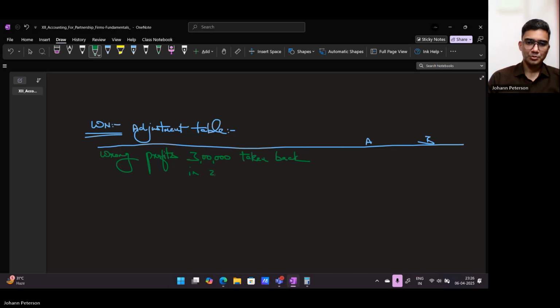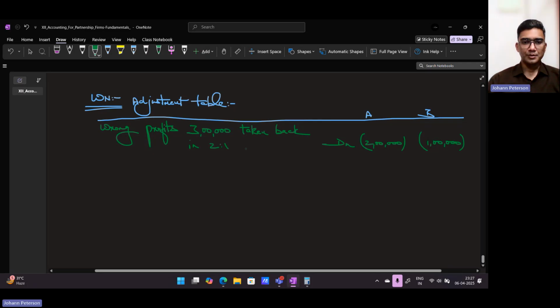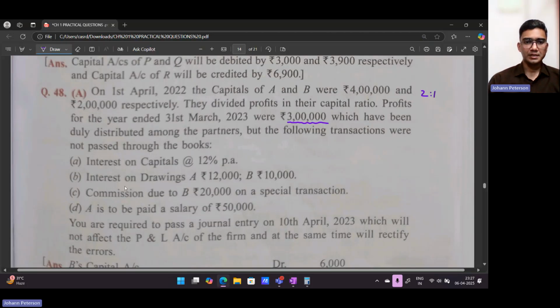in 2:1. Now, when you take back profits, think again of your capital account. So capital account will be debited. So I will write debit. 3 lakh in 2:1 means, I suppose, 2 lakh and 1 lakh. Okay. Now you will start giving all your appropriations. Interest on capital at 12% per annum.